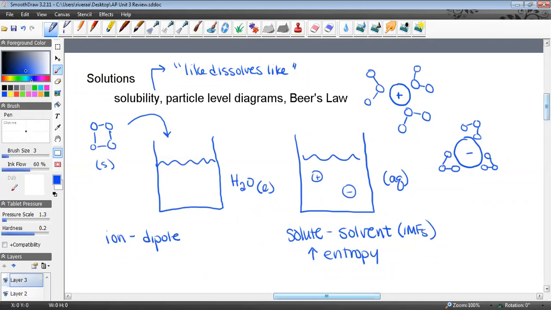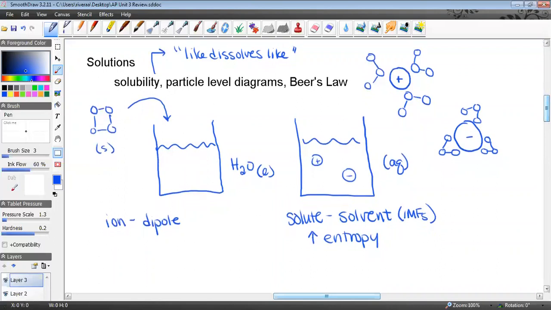The reason we're talking about this in this particular unit is that when I say like dissolves like, I'm talking about similar IMFs. Polar dissolves in polar, nonpolar dissolves in nonpolar. And we can measure the degree to which something dissolves with Ksp, remember that? Our solubility equilibrium constant.